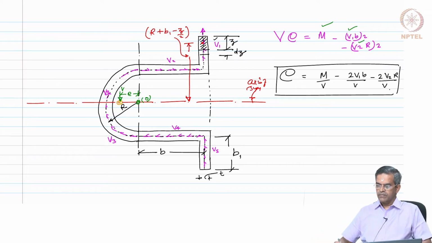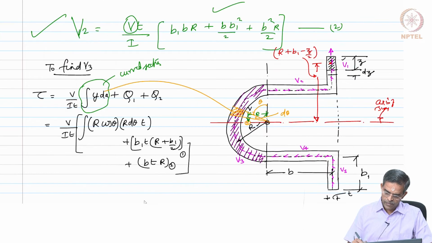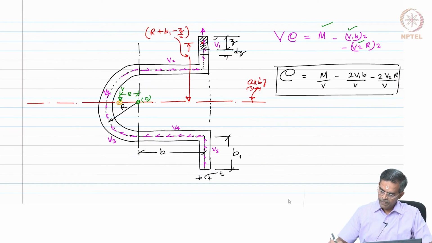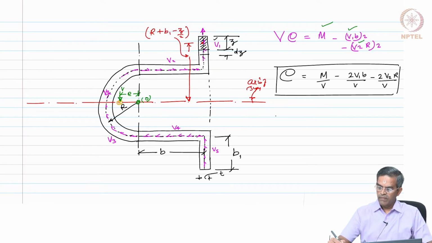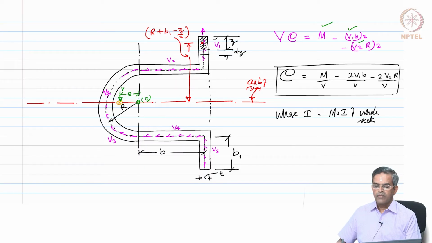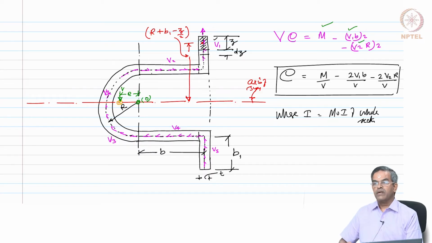Now, friends, in all these equations of M, V1 and V2, see here, in V1 I have I, in V2 I have I, in M also I have I, where I is the moment of inertia of the whole section. So, from first principles, you will be able to find out the moment of inertia of all the 5 parts, part number 1, part number 5, part number 2 and 4 and part number 3.